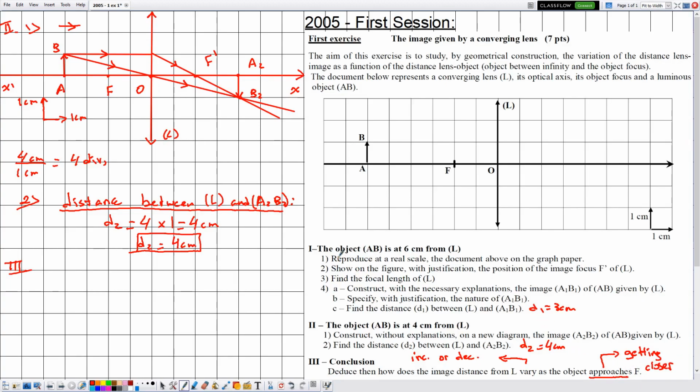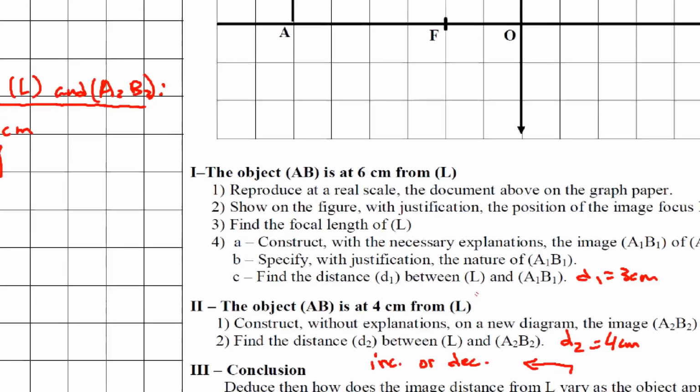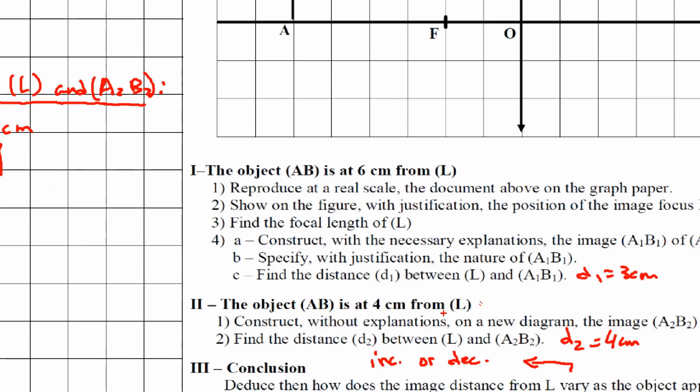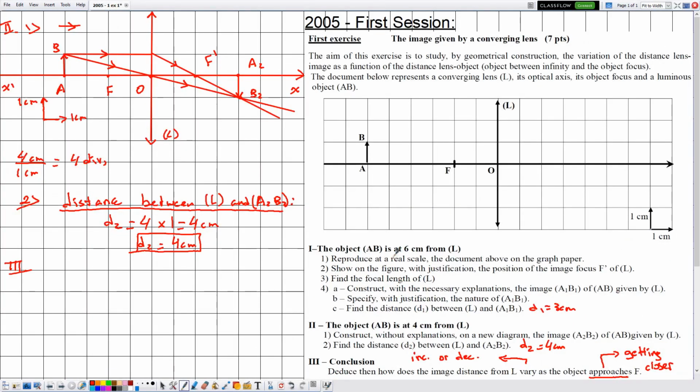So notice that in the first part of this exercise the object was at 6 centimeters from L, and in the second part the object is at 4 centimeters from L. Which means that the object AB is now closer to the lens. Then let's write down as the object AB approaches F. Now in this case, what happened to the distance between the lens and the image?